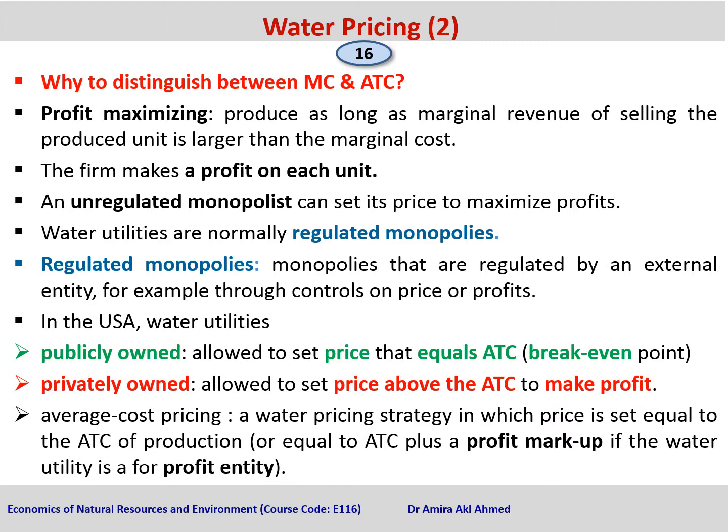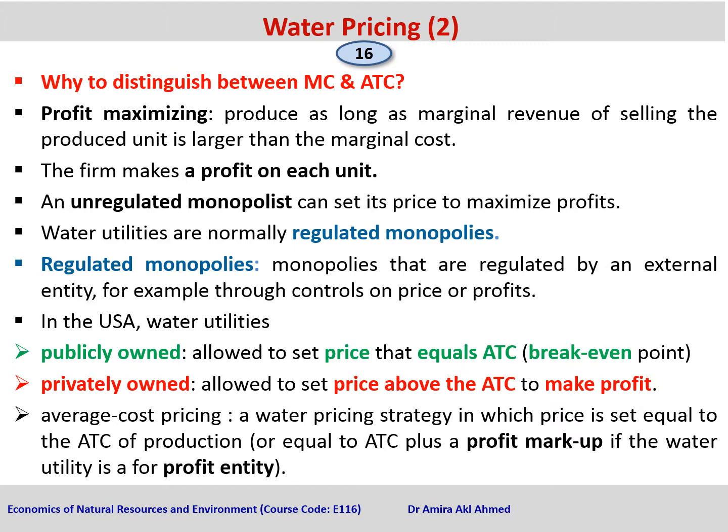So let me differentiate between regulated monopolies and unregulated monopolies. An unregulated monopolist can set its prices to maximize profits, but a regulated monopolist, such as a water utility, is regulated by an external entity, for example, through controls on price.